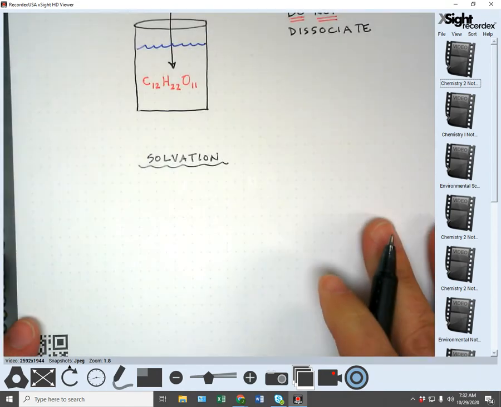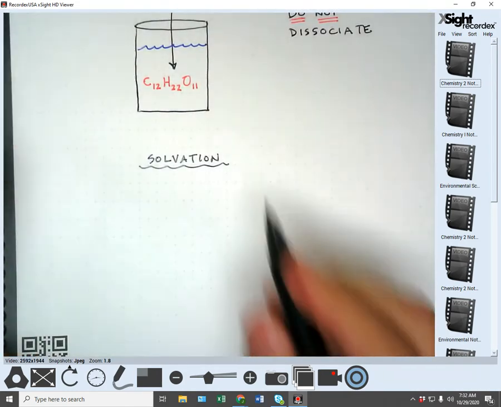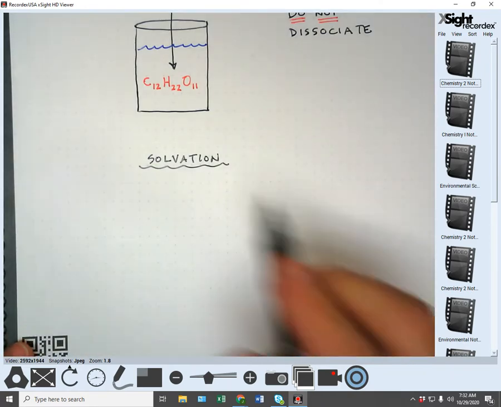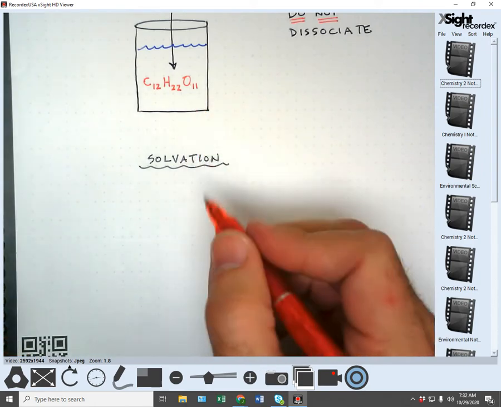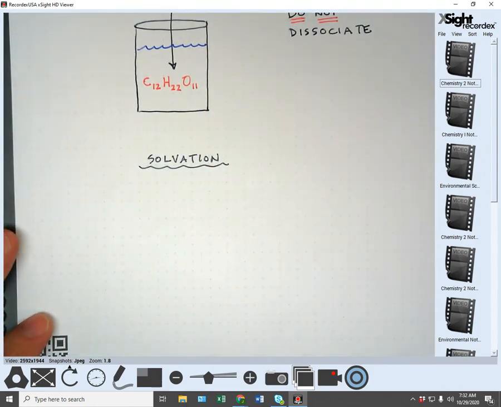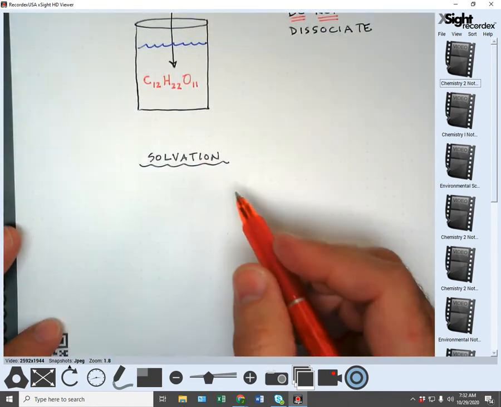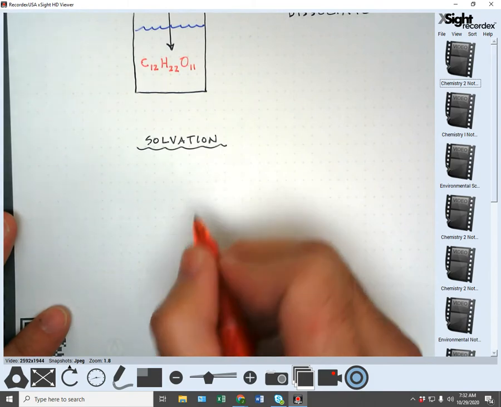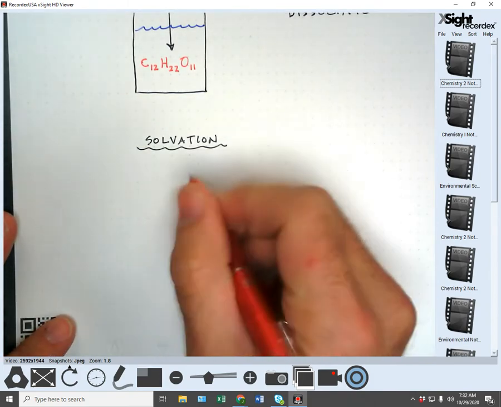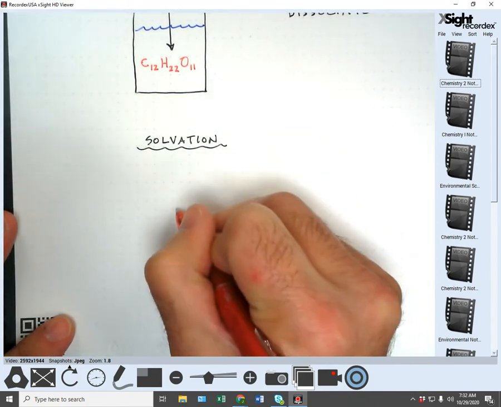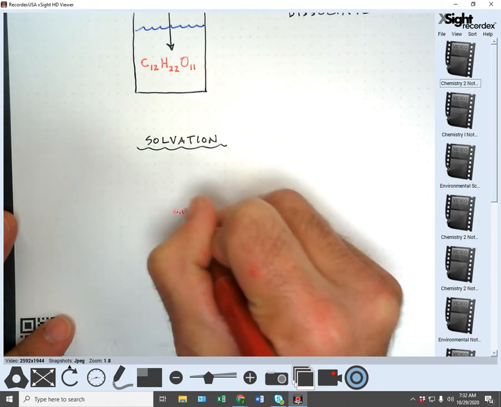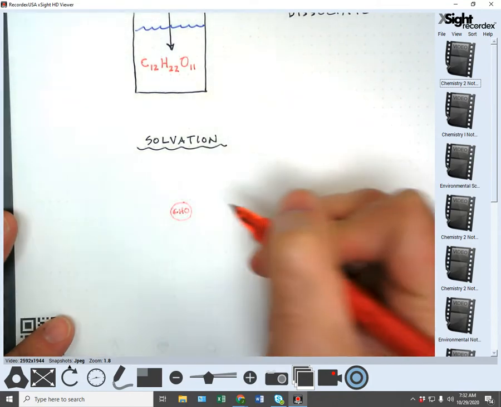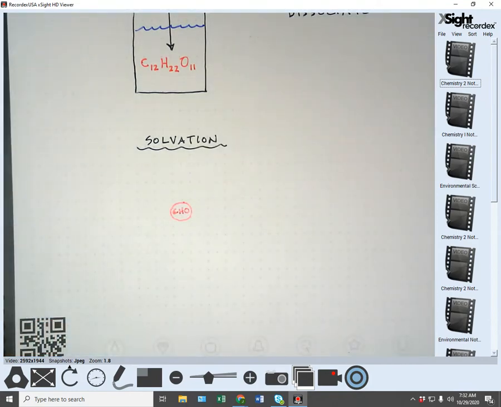So what happens is you have your molecule. Let's just say, well, yeah, we'll use sugar since I already used it up here. So I'm just going to do CHO as my sugar molecule, just to keep it easy.